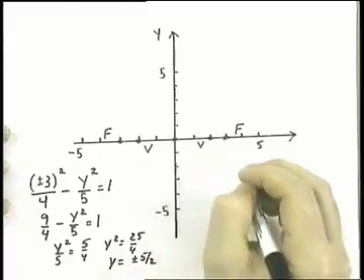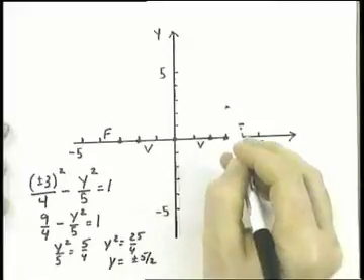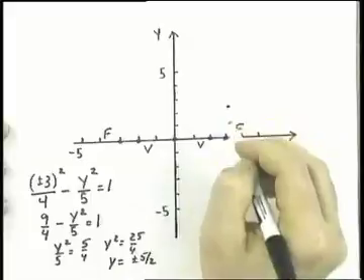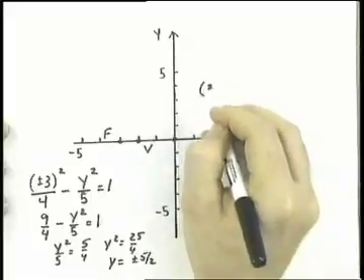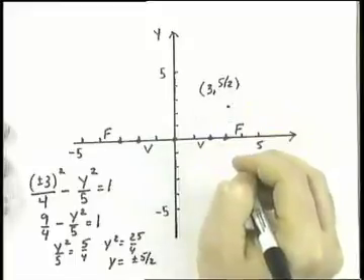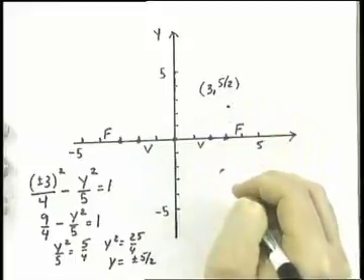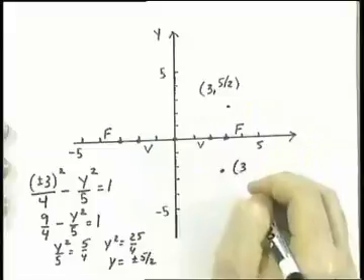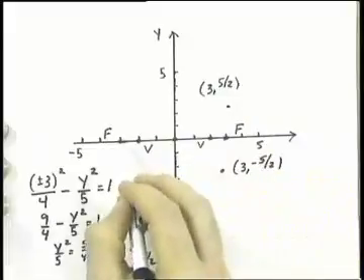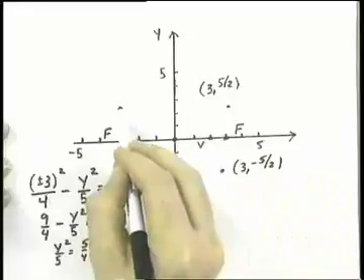So at 3, 0, I'm going to have a point above that at 3, 5/2 on the graph. I'm also going to have a point at 3, negative 5/2. I also let x equal negative 3, so I have a point at negative 3, 5/2.